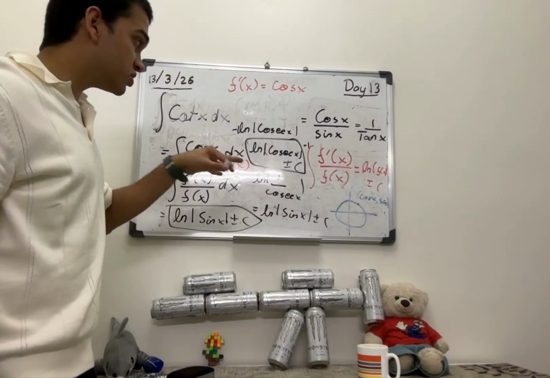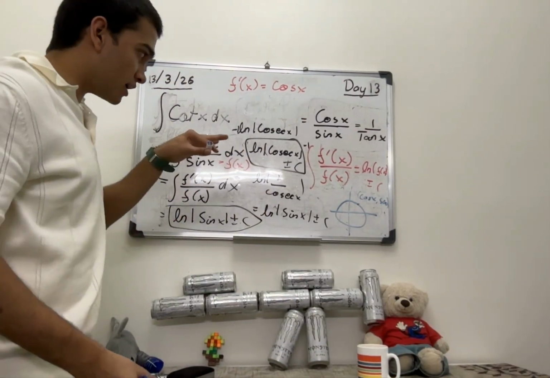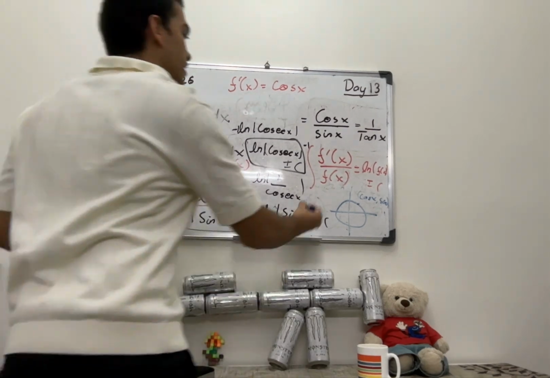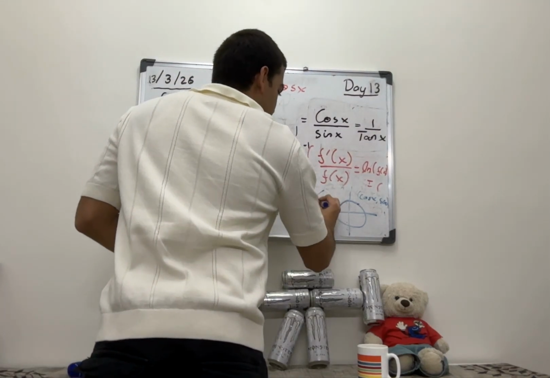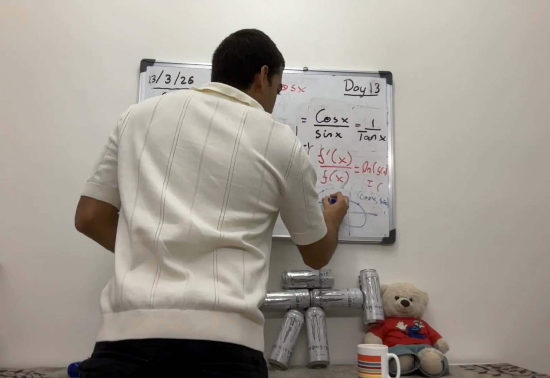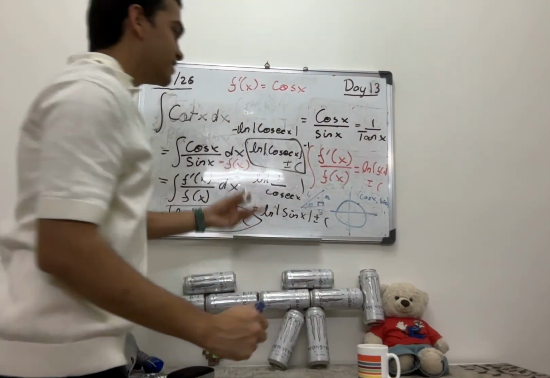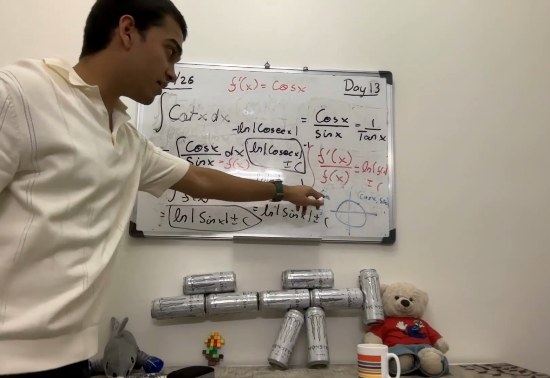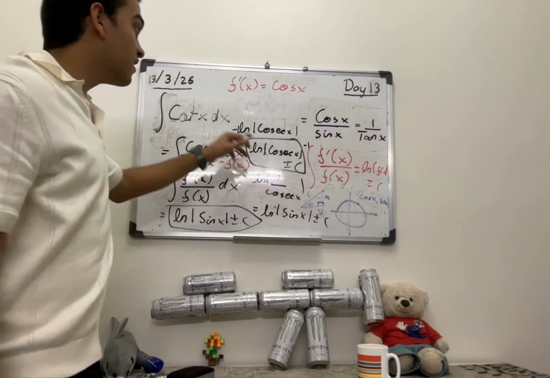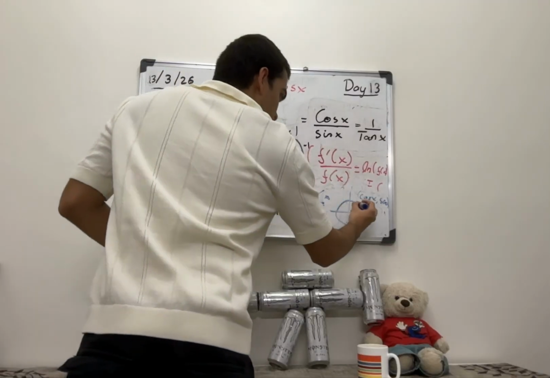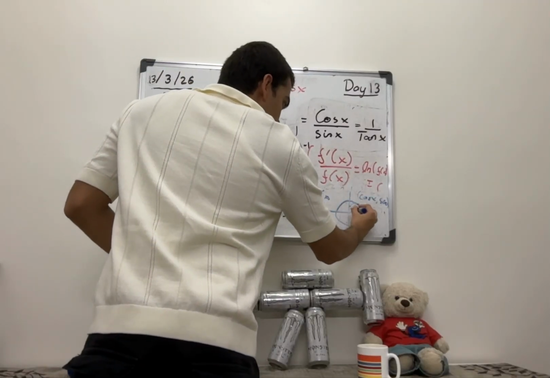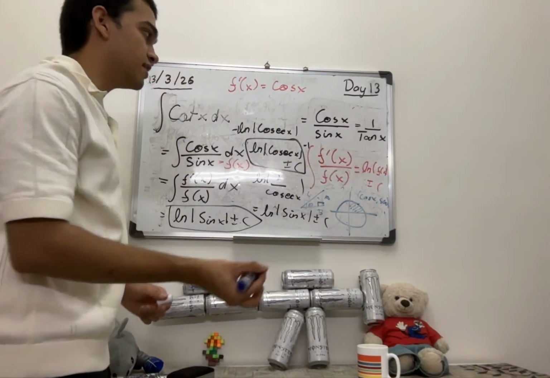So trigonometry is based on the angles in the unit circle and in a right angle triangle. If we take this as a right angle triangle A, B, C, and we take this as our theta, then cos theta, tan theta, cot theta, all of this are relations between A, B and C. Whereas integration is, if I wanted to find this area, I would use integration to find the area under the curve.